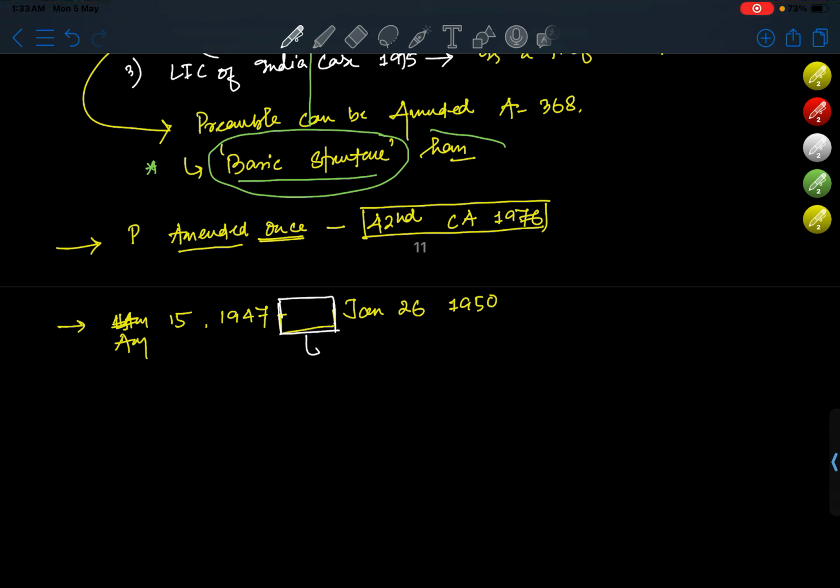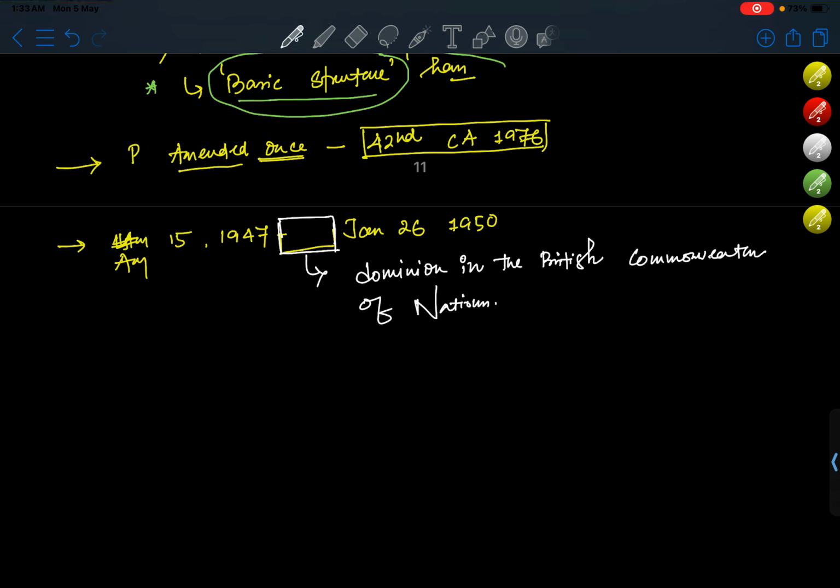At that time, the status of India was a dominion in the British Commonwealth of Nations.